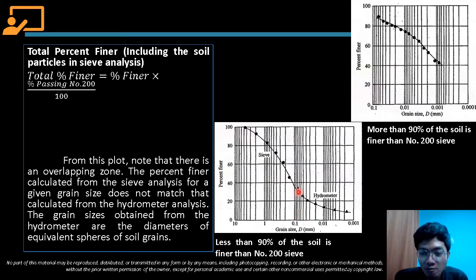Yung computation natin para sa sieve analysis at saka dun sa hydrometer analysis, minsan nagkakaroon ng pagkakaiba. Dito lang naman yun banda. The reason for that is because the grain sizes obtained from the hydrometer are the diameters of equivalent spheres of soil grains. So dito banda nagkakaroon ng pagkakaiba ng percent finer.